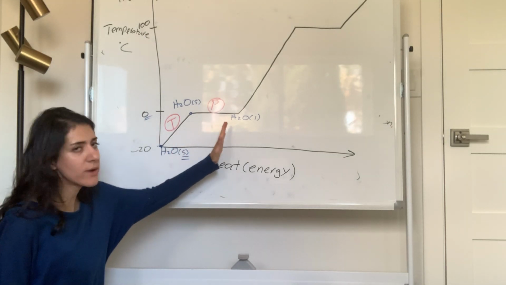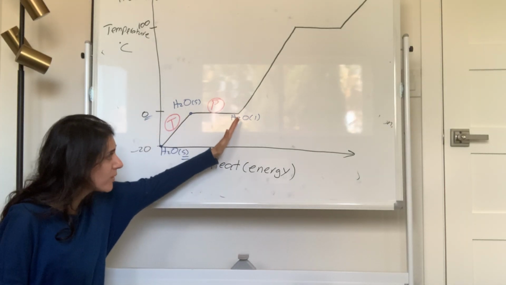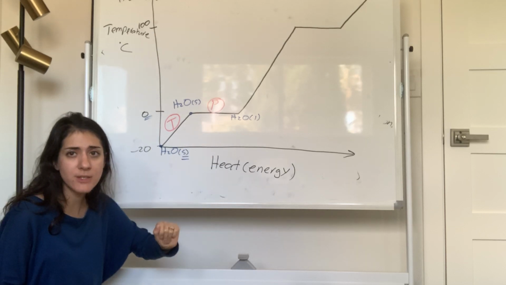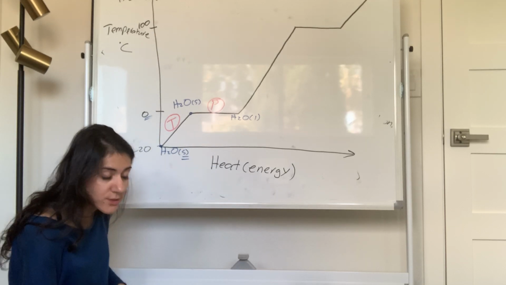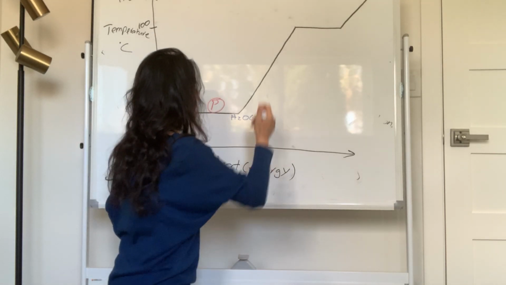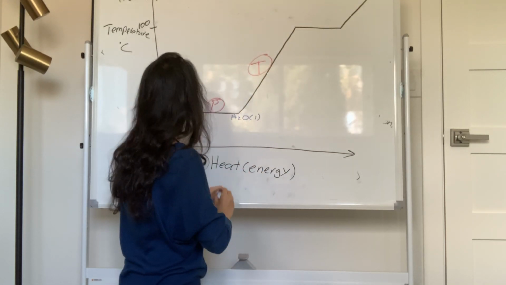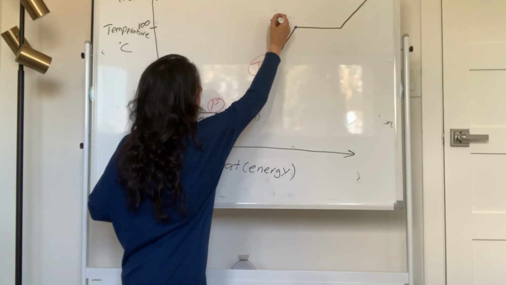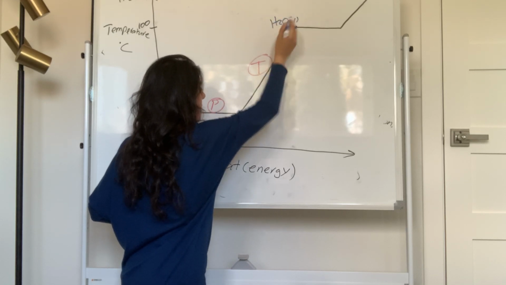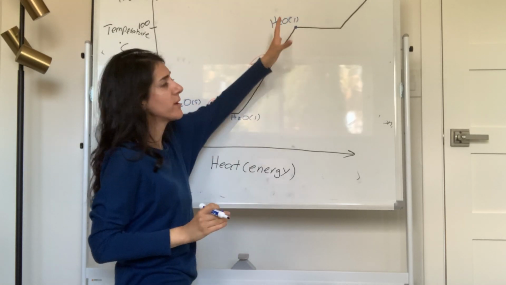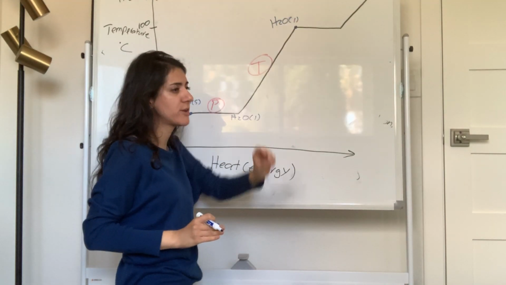Now I'm going to add more heat to the system. If I add more heat to the system, now all the energy is going to go to the temperature change. It's going to go to temperature change until I get to 100. I get here, I'm still a liquid because all of my energy went to temperature change to reach 100.